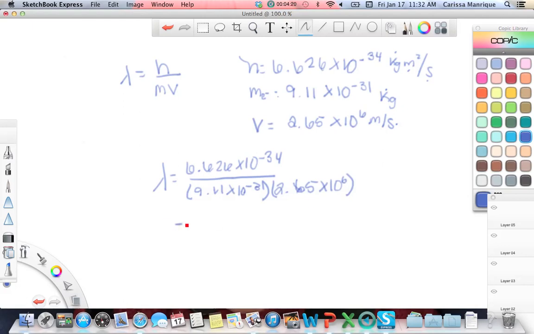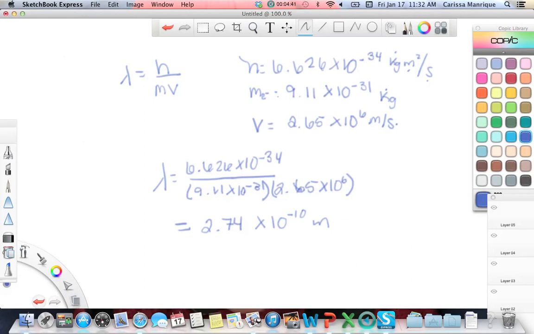Okay, so if we multiply that all out, you should get 2.74 times 10 to the negative 10, and that is going to be in meters. So that is the wavelength of that electron, okay?